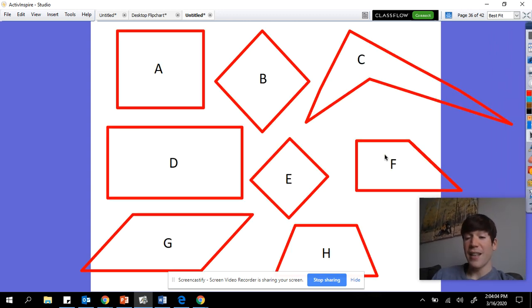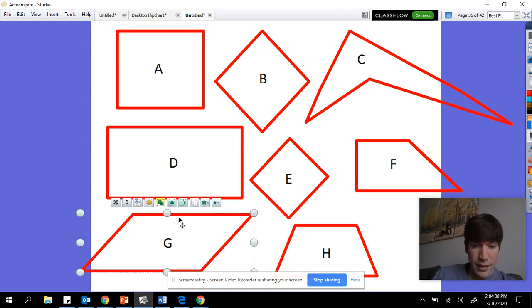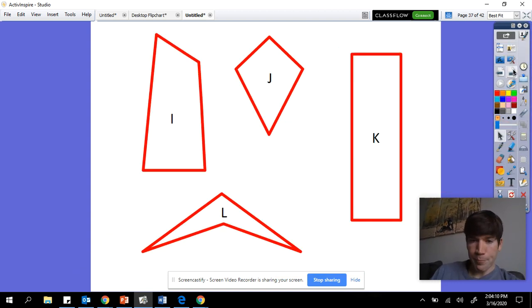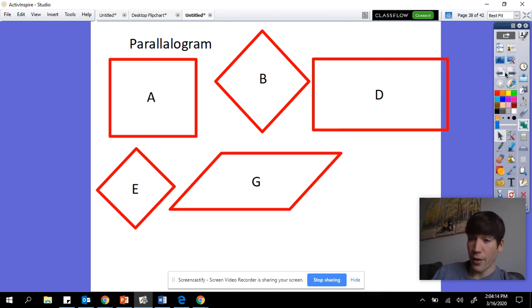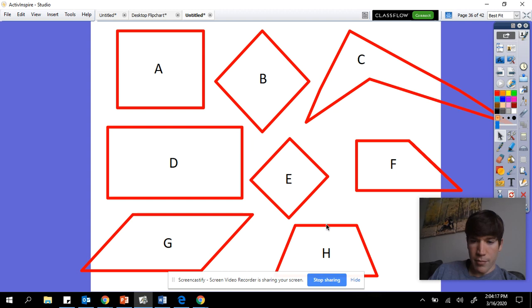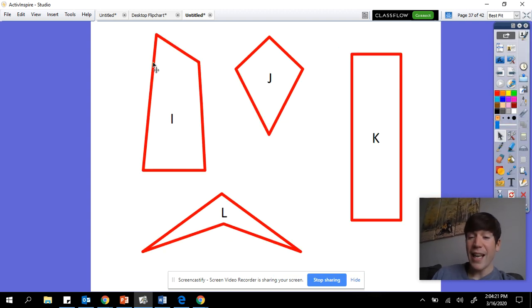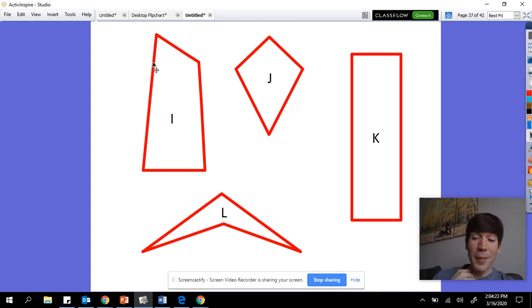F is not. It does not have any of those things. G is a parallelogram. Again, fits all three of those categories. Has to fit all three. H, again, is not. I is close to a lot of people, but it's not. You'll notice that the left and right side here are not parallel.